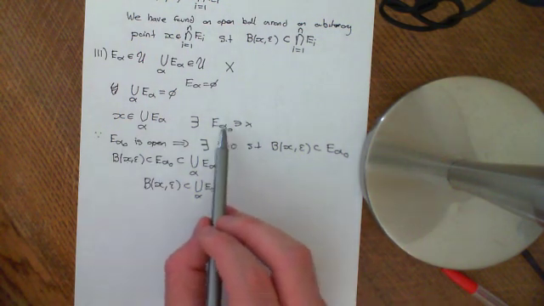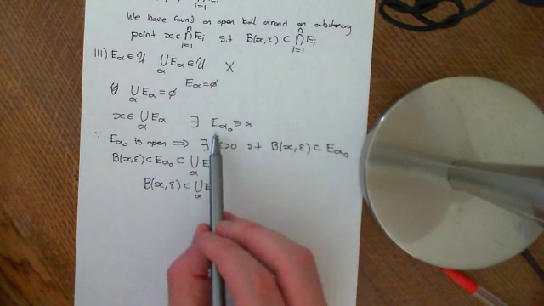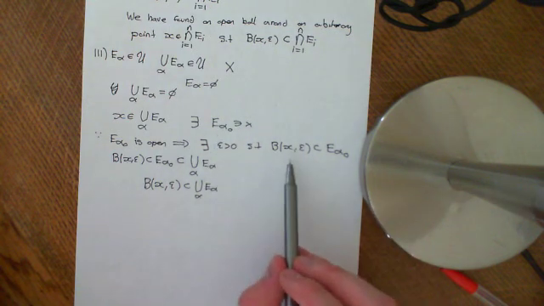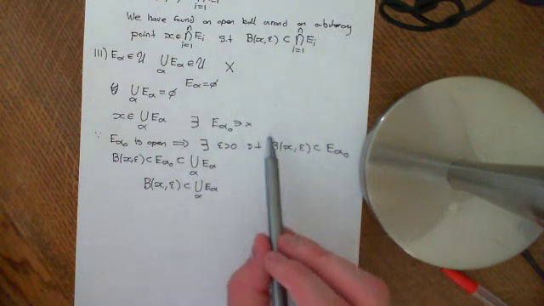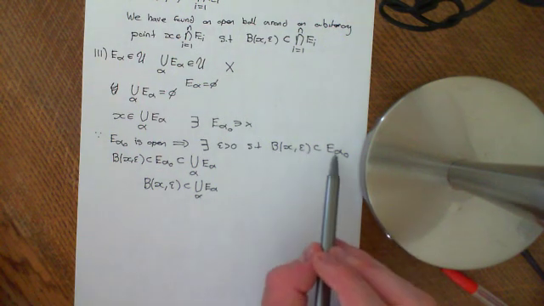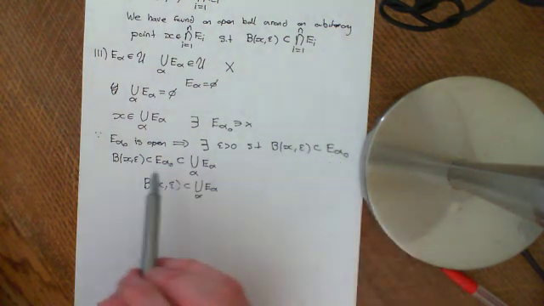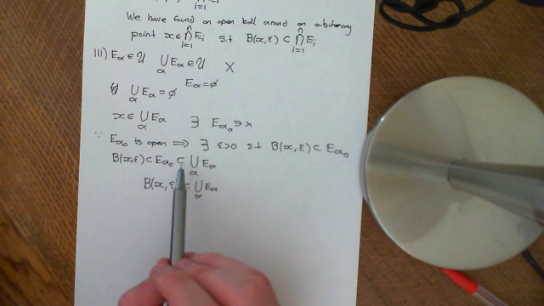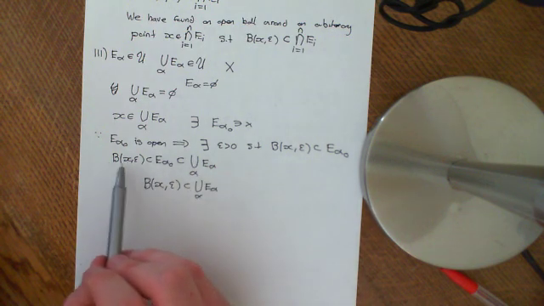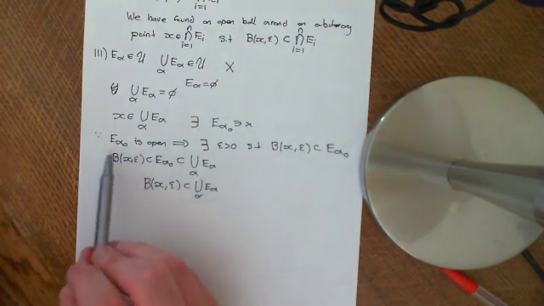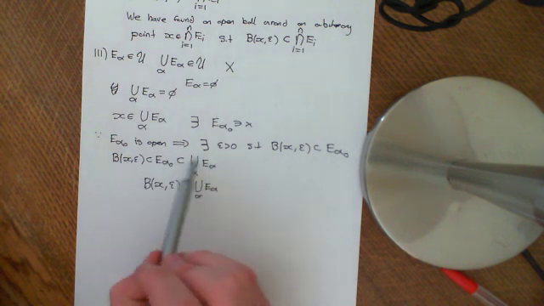in this arbitrary union, there must have existed some set which actually contributed that point. Now that set was open, therefore there must have existed an epsilon neighbourhood around that point x, which was completely contained within this set, and when you union this set up with loads of other sets, it's still going to be true that this epsilon neighbourhood is going to end up in the great big union.